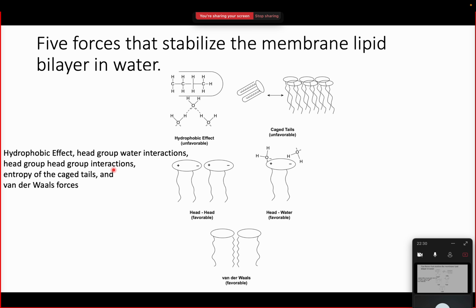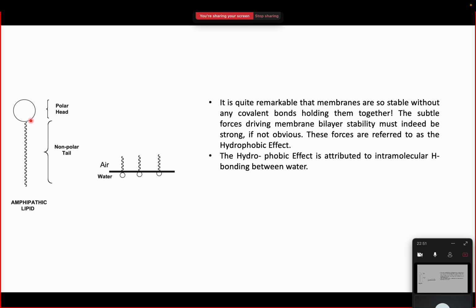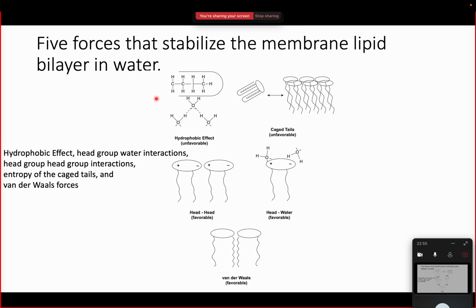So if we talk about these 5 forces, we can see what component of a lipid is providing which kind of force. For example, for the hydrophobic effect, we can see this hydrocarbon chain, right? The wiggly line represented here is actually this CH, a long chain of hydrocarbon.